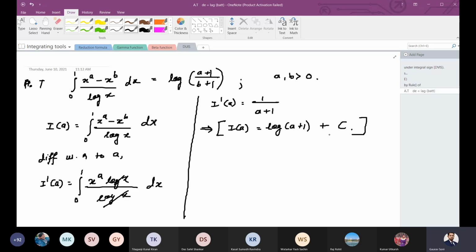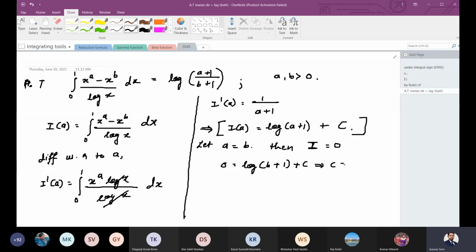Say, let a be equal to b. Then what is the value of I? It becomes 0. So if you substitute this here, 0 is equal to log of b plus 1 plus c, right?